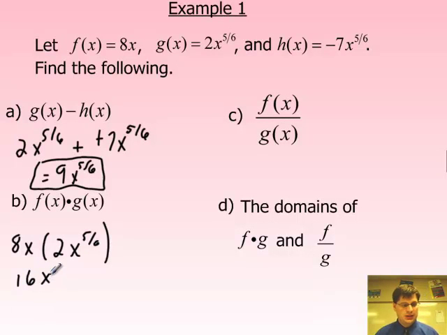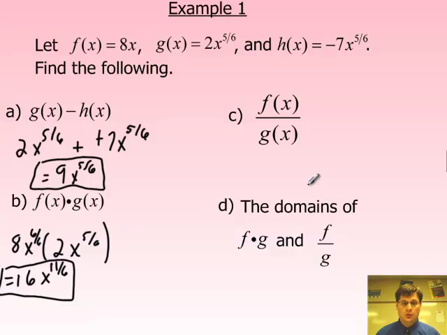Now because this is x to the first, we can write this as x to the 6/6 power, because remember we're going to add the exponents. So that's going to give me 11/6. So 16x to the 11/6 power. And then I would box that one in like so.